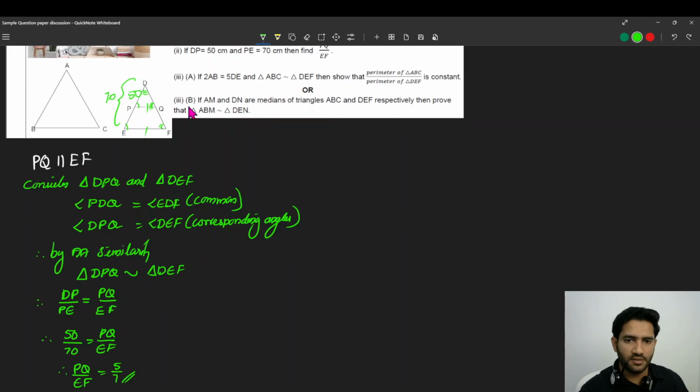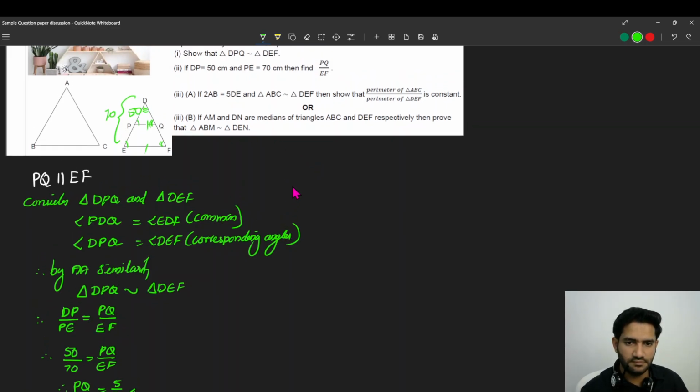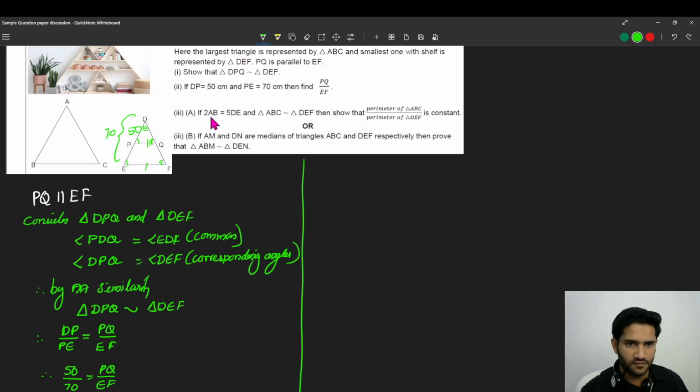Okay, then the third question. If 2AB is equal to 5DE and triangle ABC is similar to triangle DEF, then show that perimeter of ABC by perimeter of DEF is a constant.